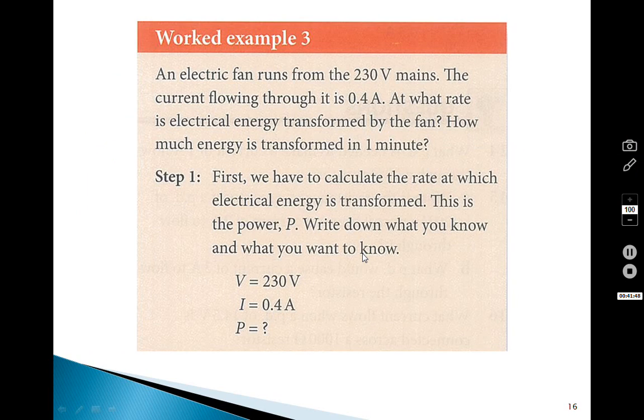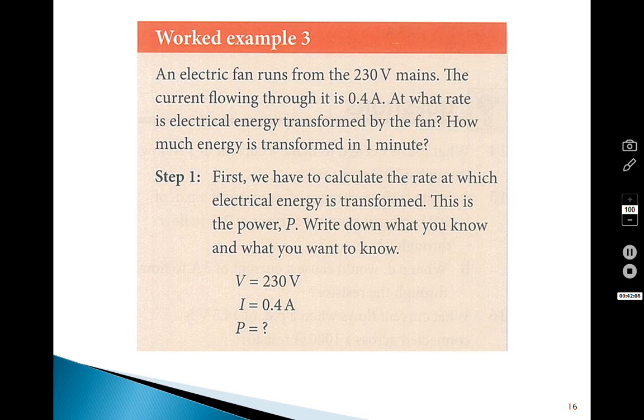We will take an example here, example 3 on the same page. We have an electric fan that runs from 230 volts, and the current flowing through it is 0.4 ampere.